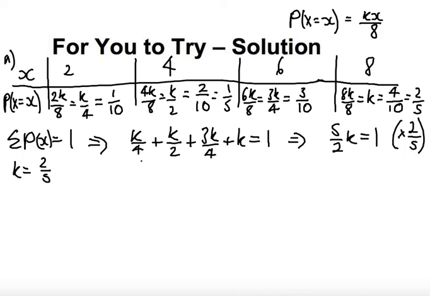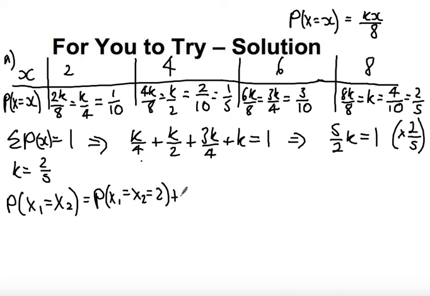Now, actually, this question doesn't ask me to calculate any probabilities as such, but what it does say is find the probability that the two successive values are equal. So what we want to do is find the probability that x1 equals x2. So we need the probability that x1 equals x2 equals 2.